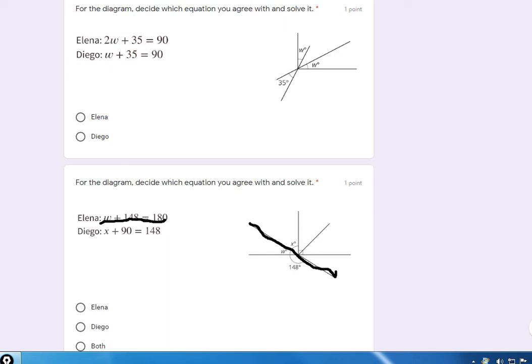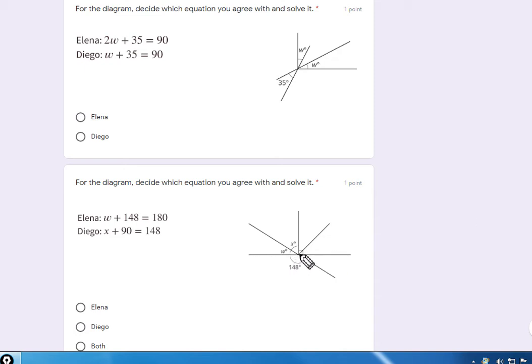But let's check out the second one because we also have a both answer down here. It says X plus 90 equals 148. Well, let's see here. Let's try to figure this one out.